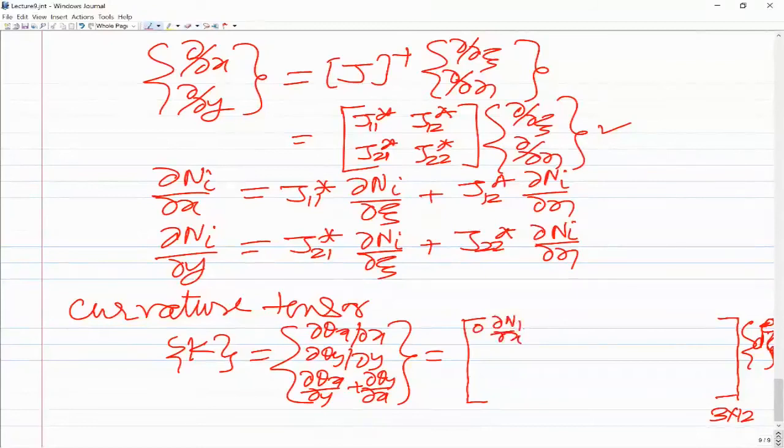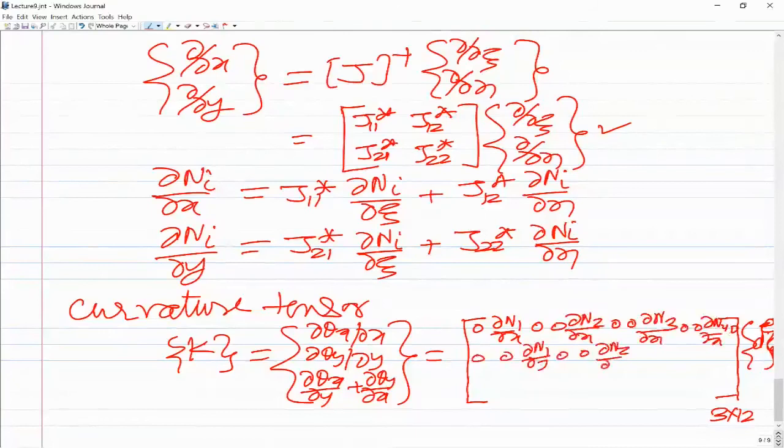So that is how you are writing these elements. So these elements you are writing at the second location, and then the fifth location del N2 by del x, and then 0 0 del N3 by del x, 0 0 del N4 by del x, and 0. Like that, del theta y by del y would be 0 0 del N1 by del y, 0 0 del N2 by del y, and like that. You can write the rest of the things.